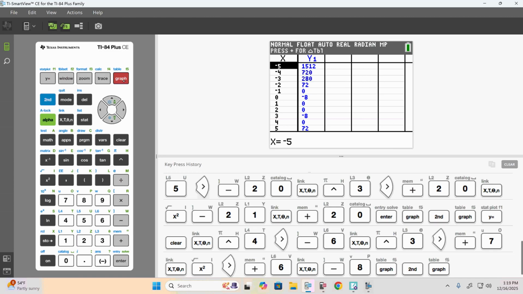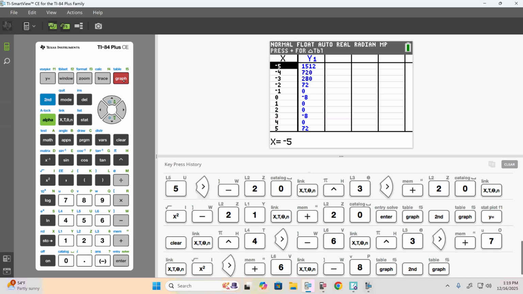When x is -1, the y value is 0. That's a solution. When x is 1, the y value is 0. When x is 2, the y value is 0. When x is 4, the y value is 0. We're looking for what values of x will make the y value be 0. We do not care about what value of y will make the x value be 0.